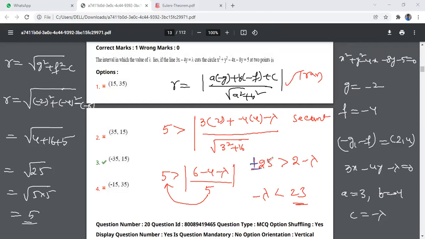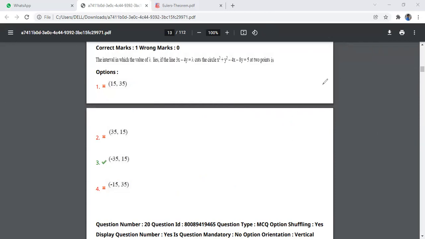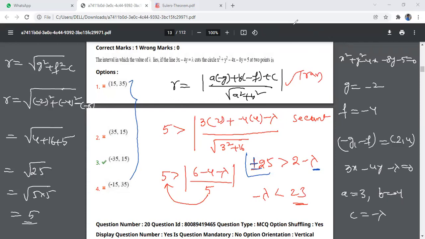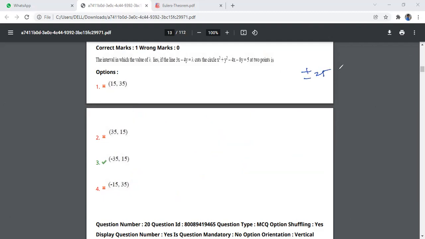Now simple: if you substitute the lambda values from the options, if the statement is true, that is our option. What we got: plus or minus 25 is greater than 2 minus lambda.